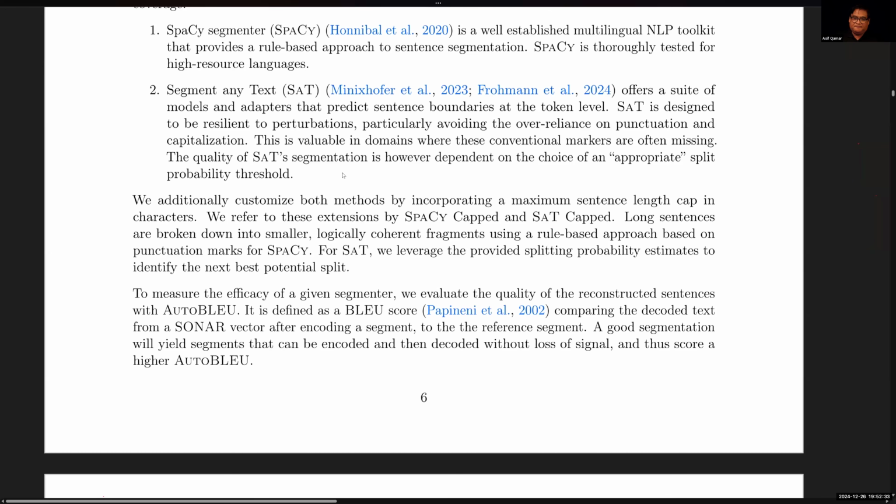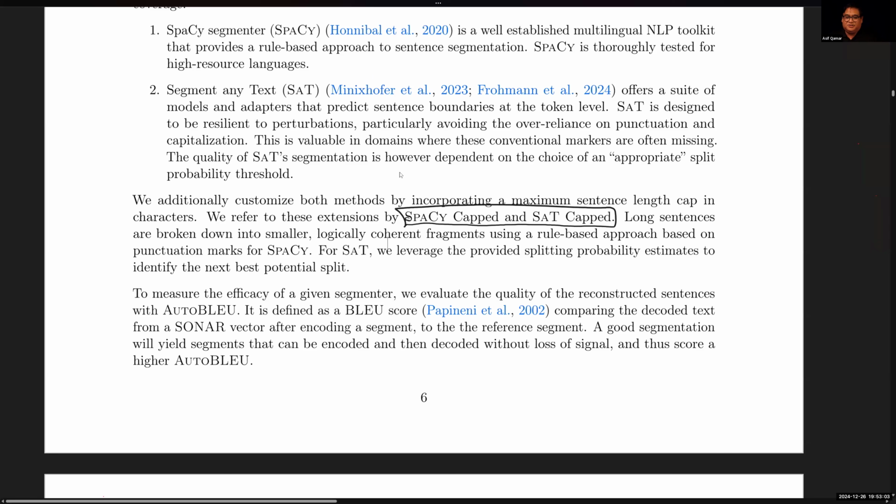The reason is that when you take a very long piece of text and treat it as a sentence, semantically there are multiple thoughts, multiple concepts built in, and so it is not as effective. We know that the performance of these sentence encoders degrades if you give them very long text.